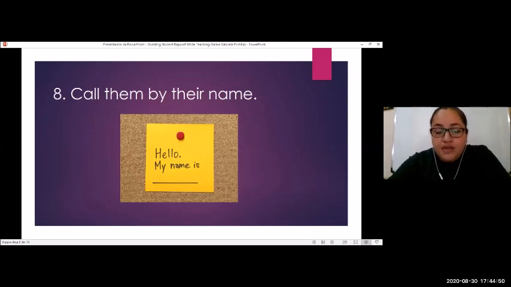Another tip is call them by their name. One of the most beautiful things that we have in our life is our name. People in Ecuador and in Latin America, we normally have two names, okay? So my name is Hilda Gabriela. My favorite name is Gabriela. So I love when my teacher used to call me Gabi or Gabriela.